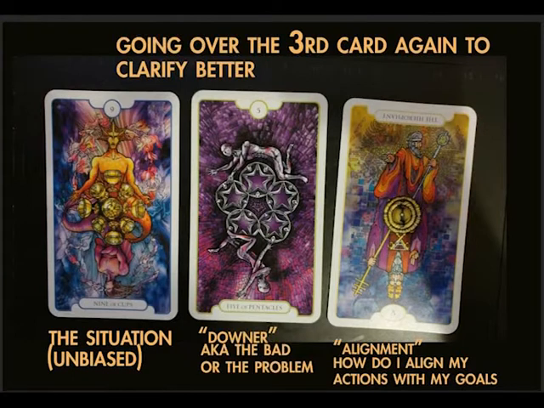In a general spread for, let's say, the week, sometimes people don't necessarily have a specific goal. So in that case, it could be something like, how do I align my actions with my purpose, or something like that.